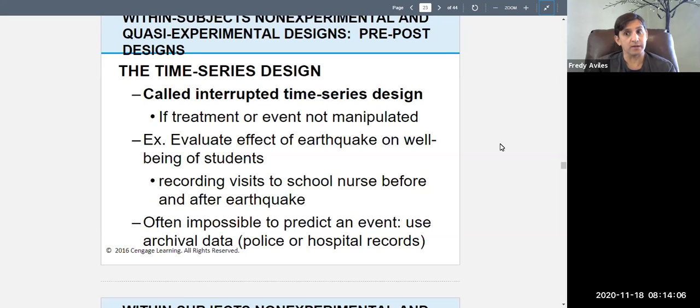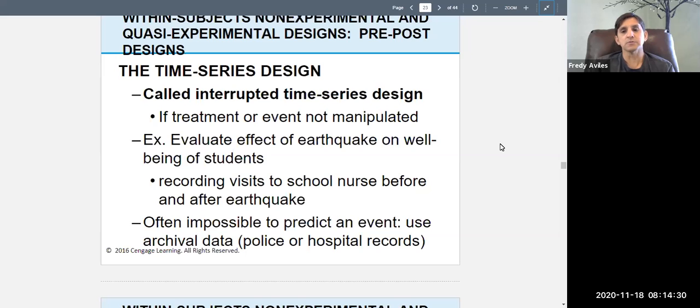And then there's some earthquake that happens. And then you check school nurse visits after that. So that would be an interrupted time series design. It's just like the other one, except that the intervening event X, you didn't manipulate, it just happened. Because it is often impossible to predict an event.